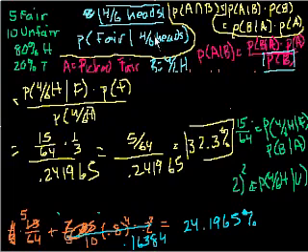But given that we got more heads than tails, kind of the universe of probability is telling us that, well, if you got more heads than tails, that makes it a little bit more likely that you picked the unfair coin, which is a little bit more weighted to heads. But it's saying it's not that much more likely because this isn't that unusual of a result to get even with a fair coin. And so that's why it became a little bit less likely to get a fair coin.